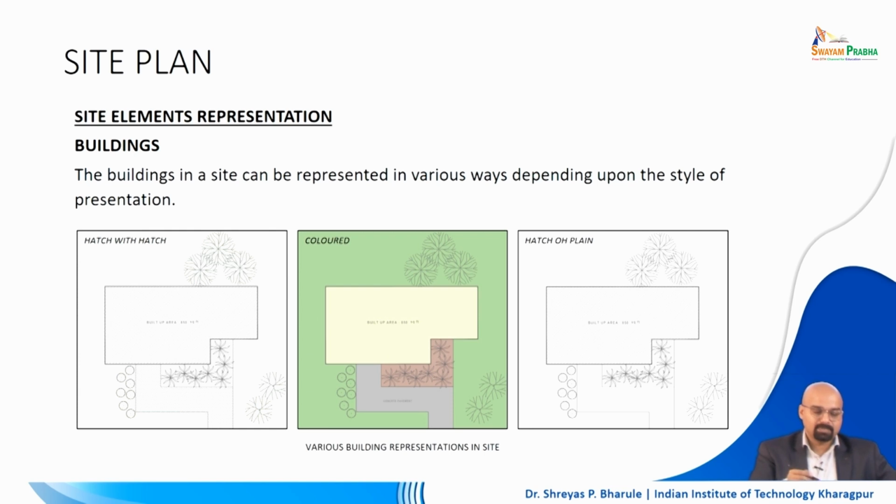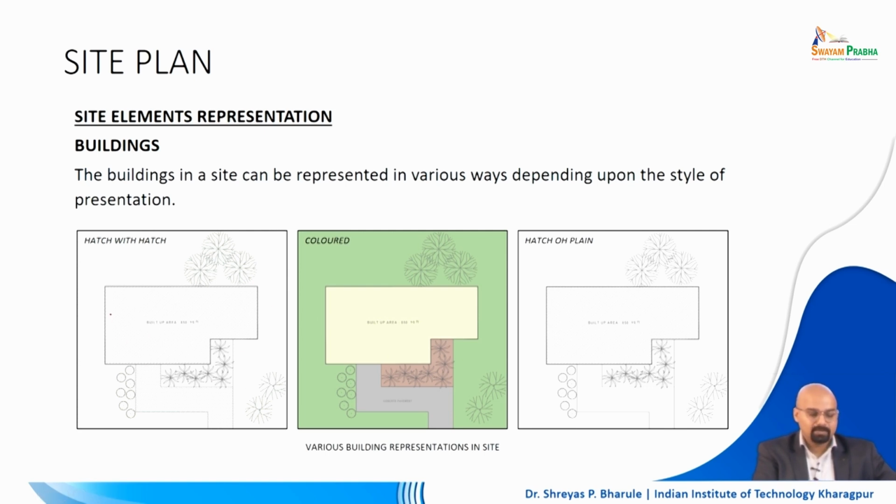In that particular case, we did talk about different ways of hatching and different styles of representation which belong to individual architects' offices. So here in this case you have hatch with hatch. You are filling in different types of hatches within the sheet.